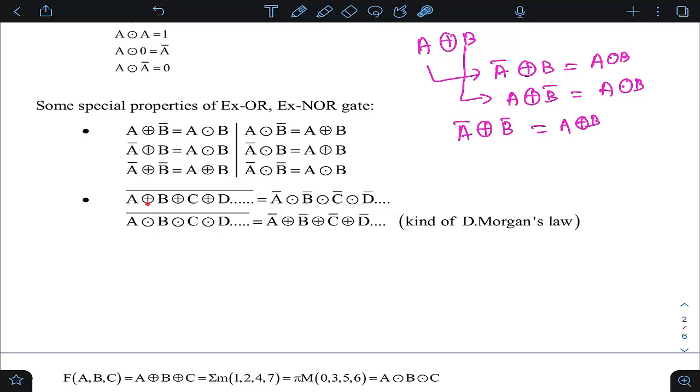Replacing plus by dot is equivalent to replacing the XOR operator with the XNOR operator. So all variables will be complemented and XOR will be replaced by XNOR. So it is A bar, B bar, C bar, D bar, separated by XNOR, which was earlier XOR. Similarly, when it is A XNOR B XNOR C XNOR D, if you are finding its complement, you complement each variable, A bar, B bar, C bar, D bar, and the XNOR operator will be replaced by XOR operator, like this. So this is a kind of De Morgan's law.